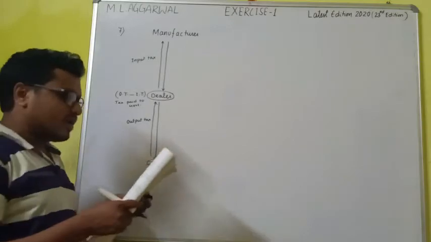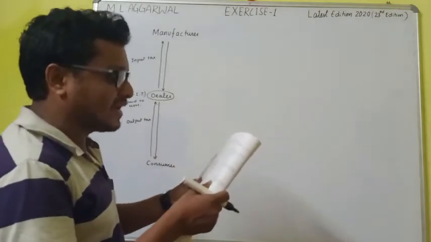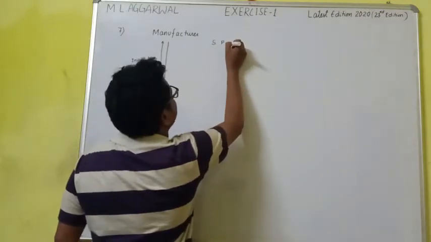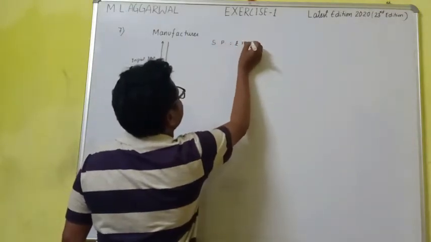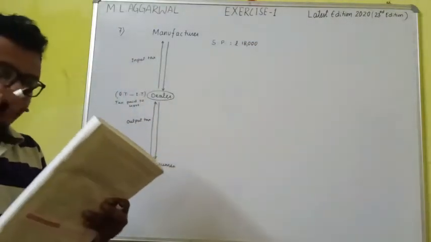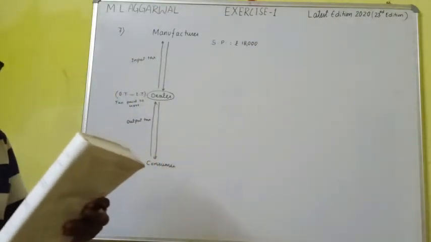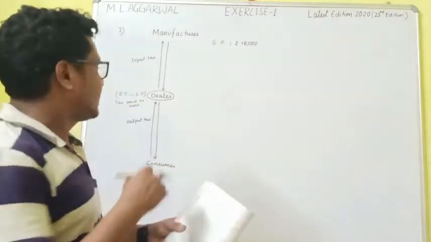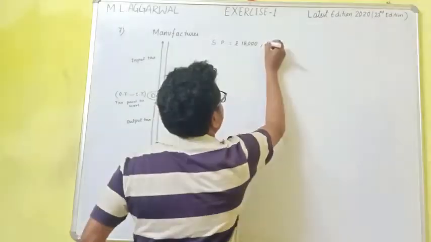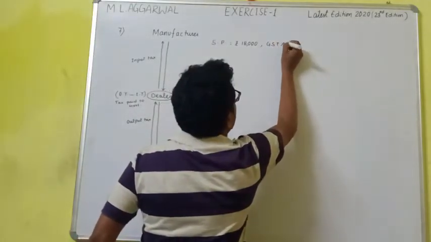So now first one, manufacturer sells the TV to dealer at rupees 18,000. So selling price of manufacturer is 18,000. Then dealer sells it to consumer at a profit of 1,500. So first one is GST percentage. GST percentage is equal to 12%.